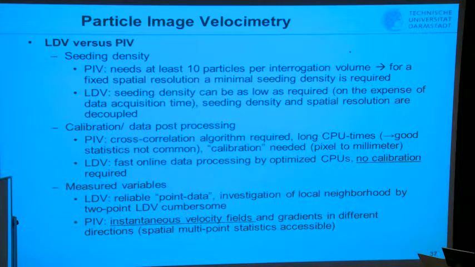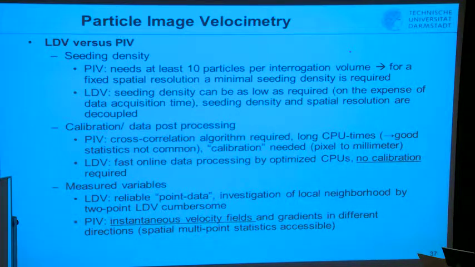It takes time, it's very expensive, and that's why PIV takes over more and more as well, because for the same measurement time you get so much more information that these benefits of LDV are sometimes overcompensated by PIV, where you have access to these instantaneous velocity fields.